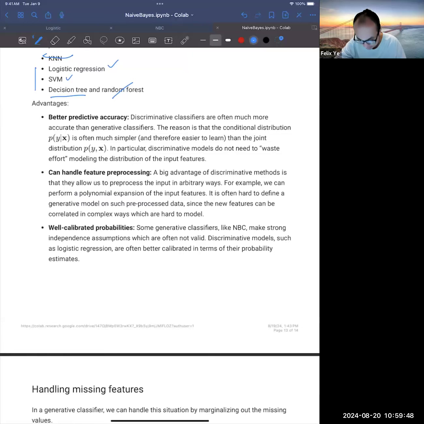An advantage of the discriminative classifier is that it is often much more accurate than the generative classifier. The reason is that the conditional distribution is often much simpler, and therefore much easier to learn. For example, it could be a sigmoid distribution, or a softmax output.